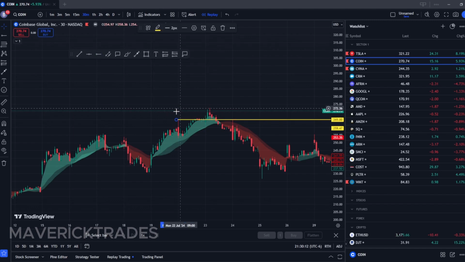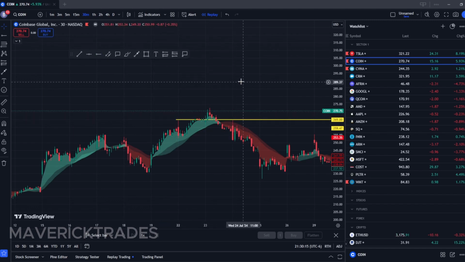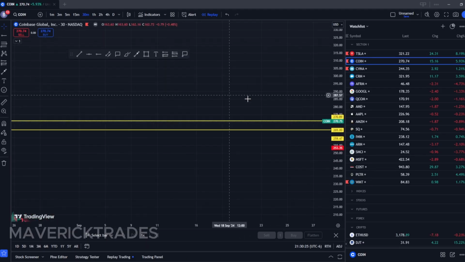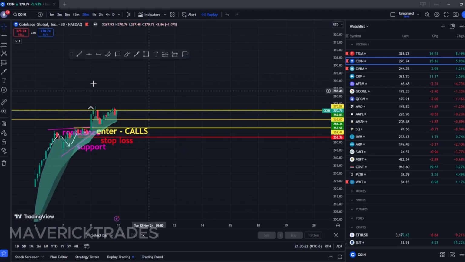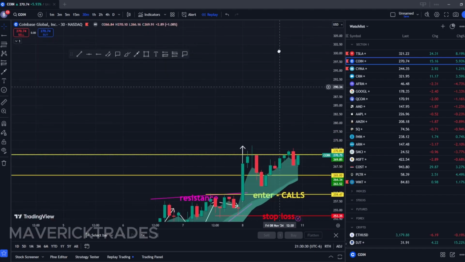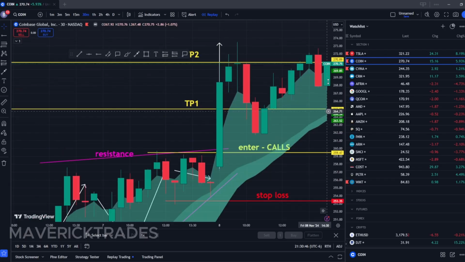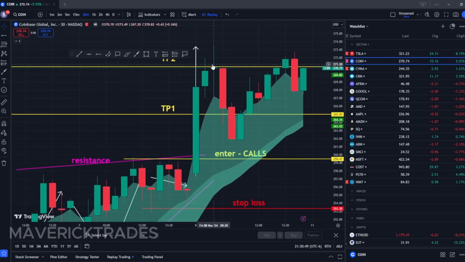So we have 1 touch, 2 touch, and then we have previous resistance here. Okay. And then now, if we go back to our previous action right here, you can see that both of these TPs were hit. TP1, TP2.